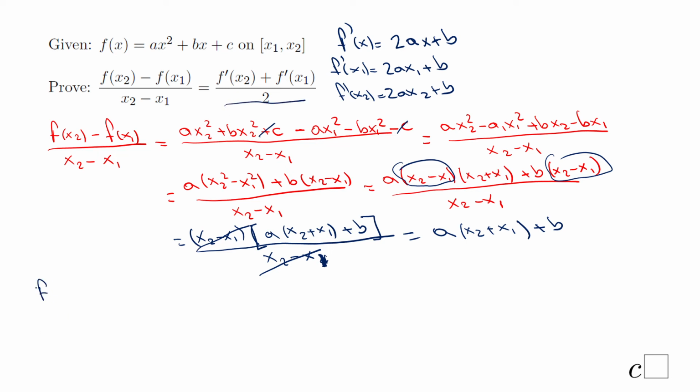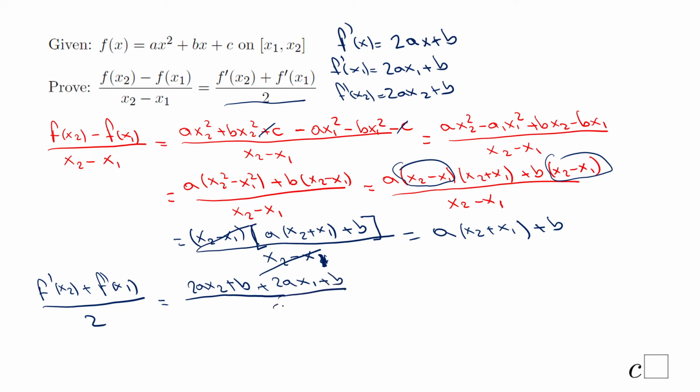F prime of x sub 2 plus f prime of x sub 1 over 2 becomes 2ax2 plus b plus 2ax1 plus b over 2. You notice we have these two b's, so we can add them.